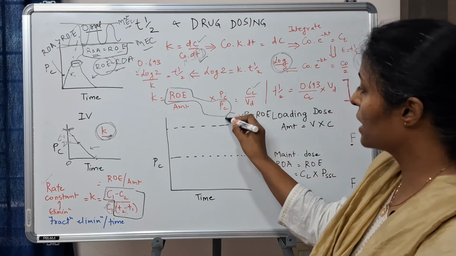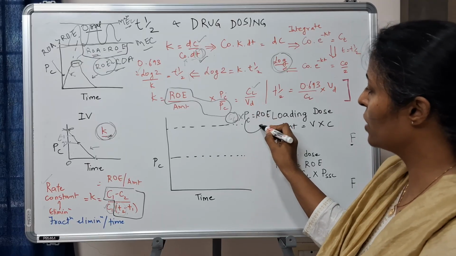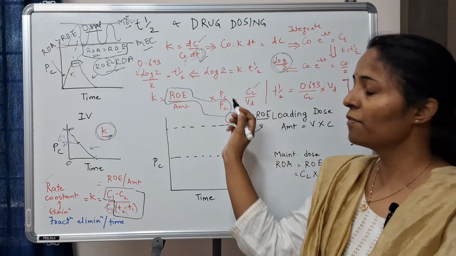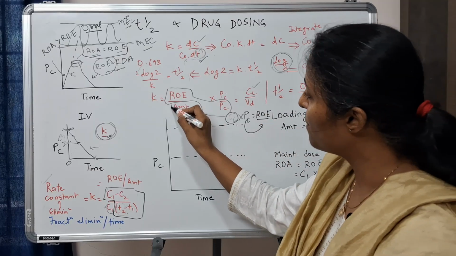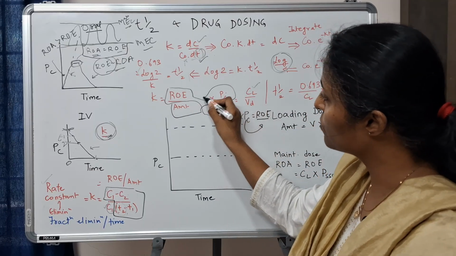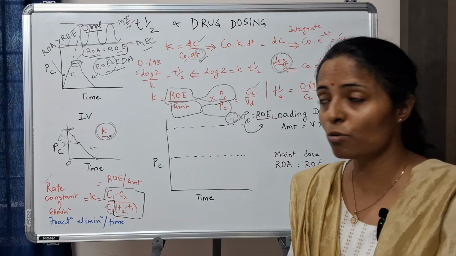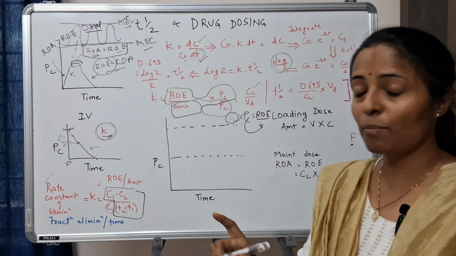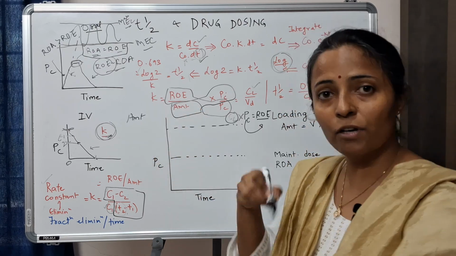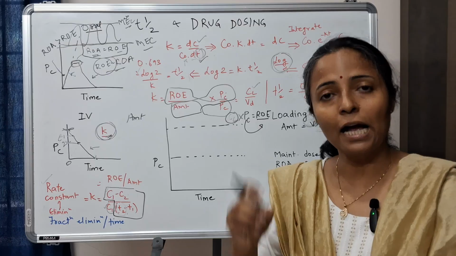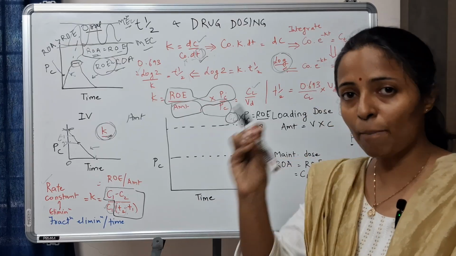Okay, so this clearance will be what? This PC will go down. So rate of elimination divided by the plasma concentration is clearance. Similarly, this amount divided by the plasma concentration is volume of distribution. Again, this we have seen in the previous video, that when you give a drug, it enters into the body and distributes into various compartments.